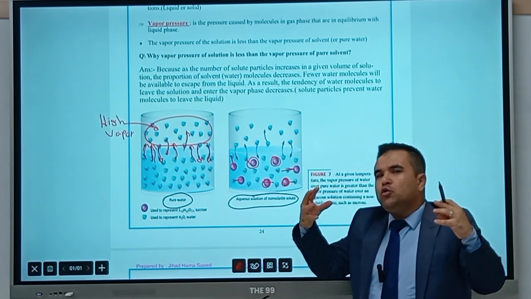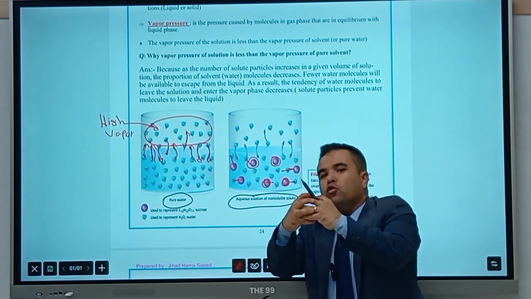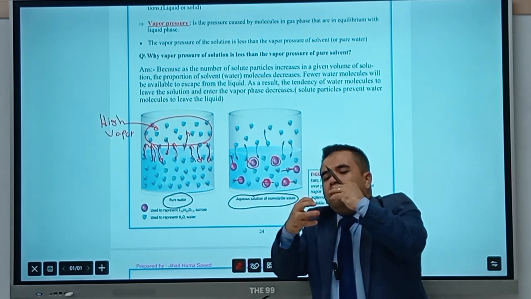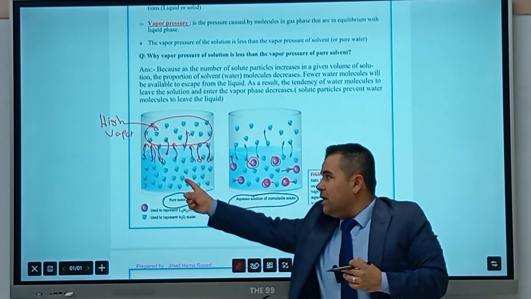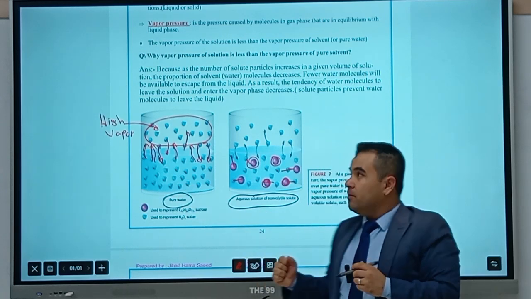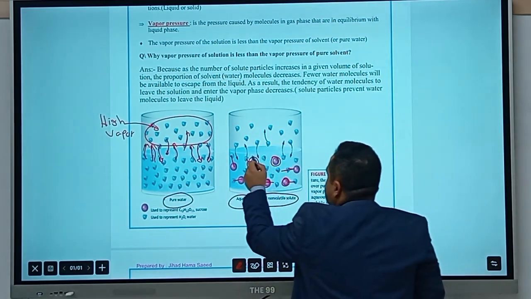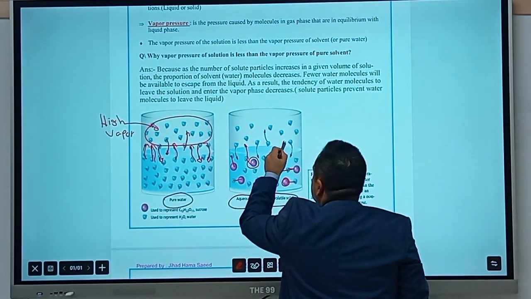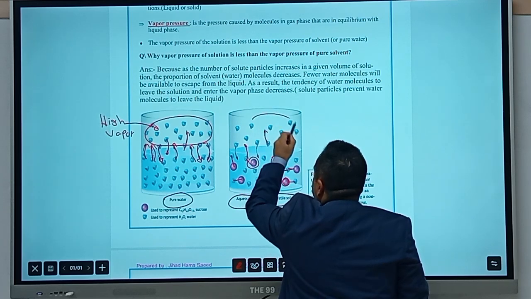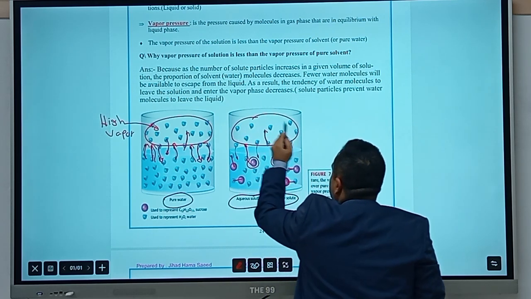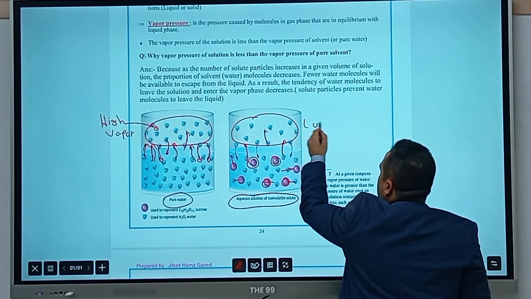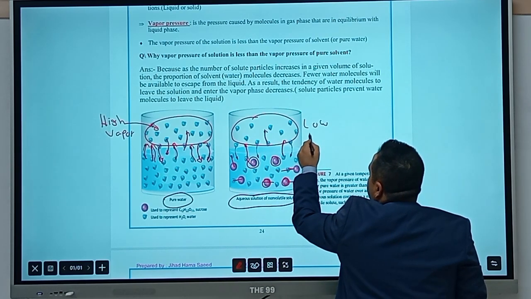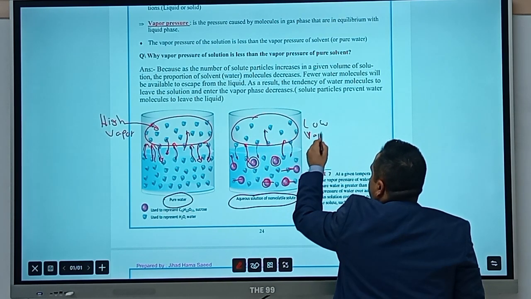The water molecules are attracted by the solute molecules, so they will not vaporize as easily as the pure solvent. And as you can see, here we have much lower vapors in the surrounding compared to the pure solvent. So low vapor in the surrounding.